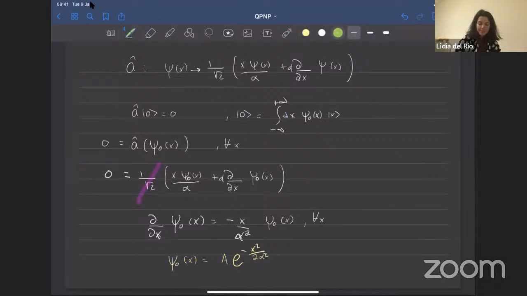So this constant A is given by normalization: the wave function modulus squared must integrate to 1.